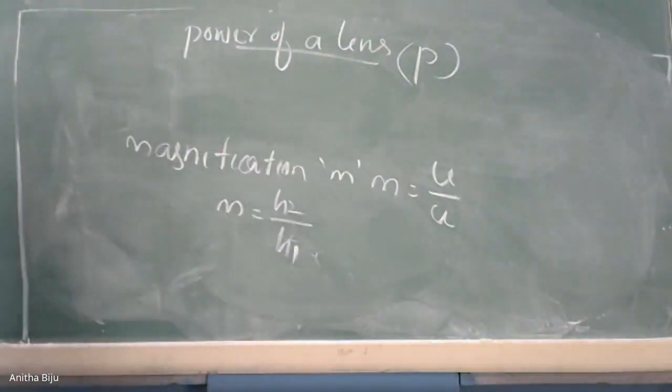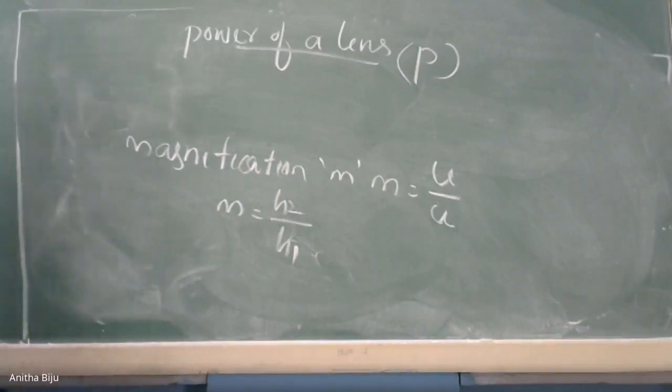When we discuss the definition of power, we can say a very simple definition. Power of a lens is defined as the reciprocal of its focal length expressed in meters.